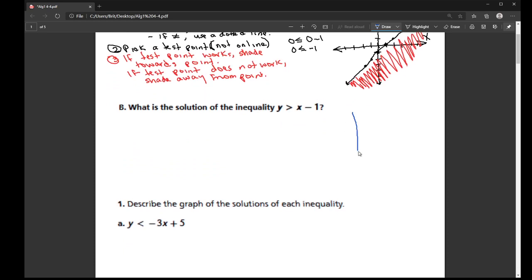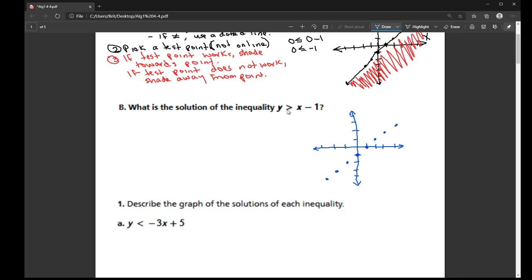So our first step, right, we're going to graph it like normal. Now notice this inequality, it has the same line on there. So I don't have to go through too much work in order to graph it because I've already graphed this line. Alright, so it has a y-intercept of -1 and a slope of +1, which makes it look kind of like this.